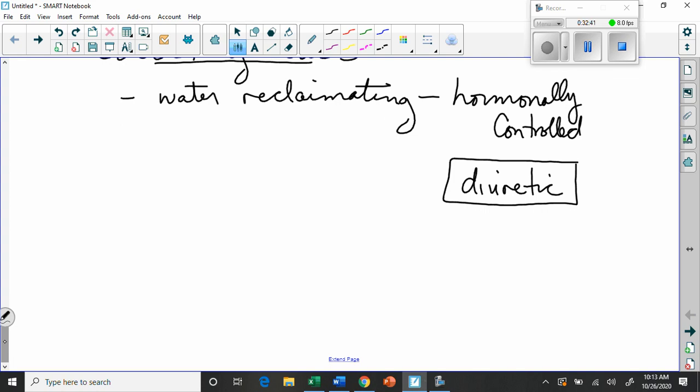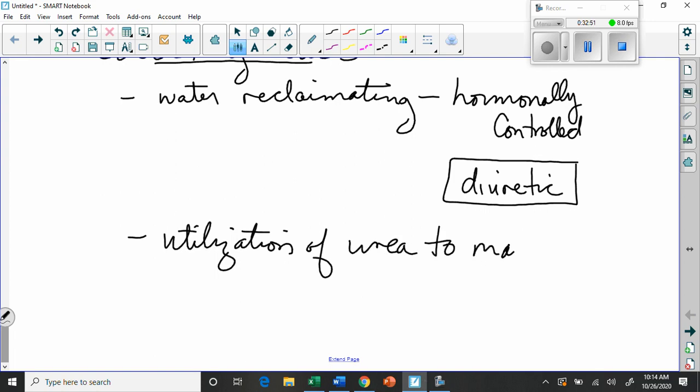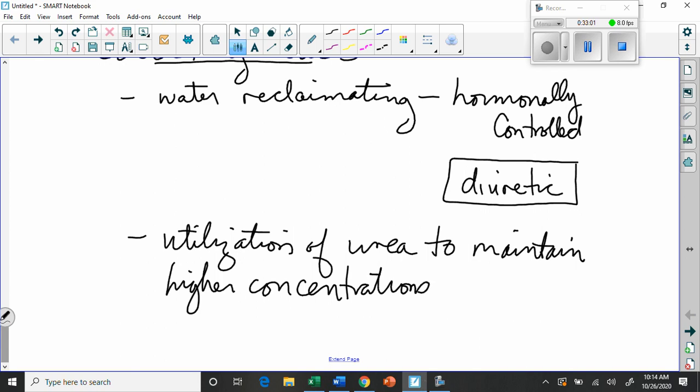So water reclamation, and the other thing is the utilization of urea to maintain higher concentrations in the medulla tissue.